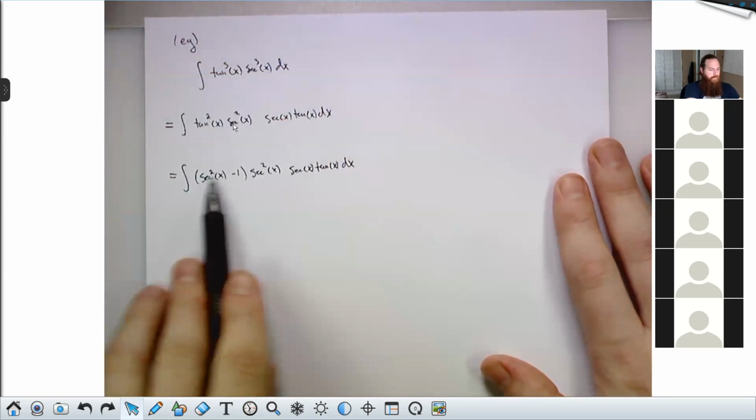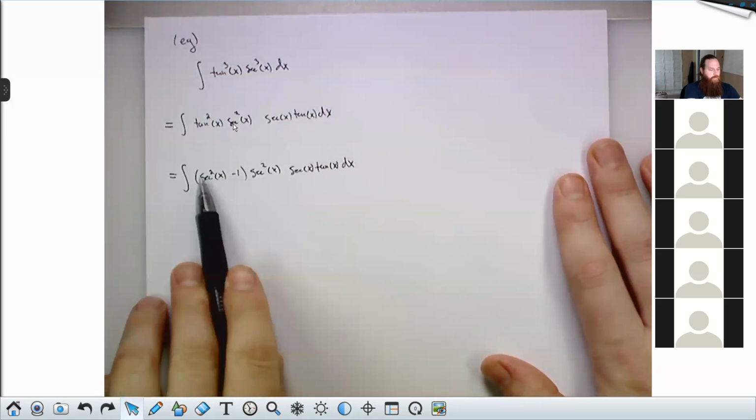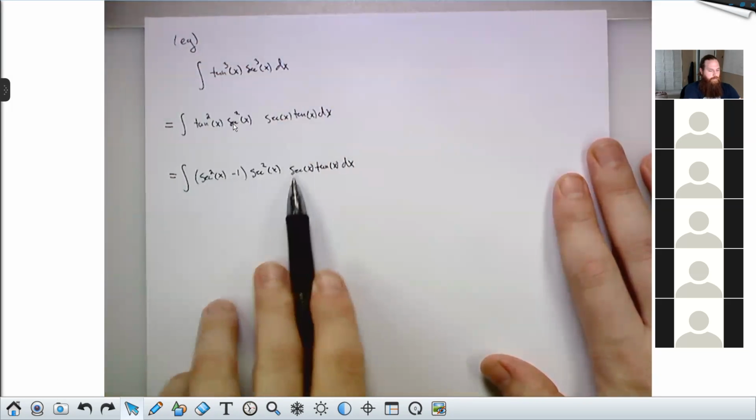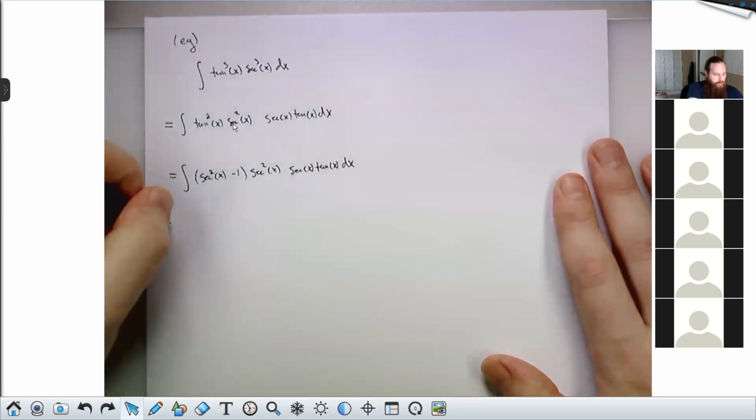So over here, you'll see if I substitute for secant, this will all be a polynomial, and then this will all get soaked up by the differential. So I'm ready for my substitution.